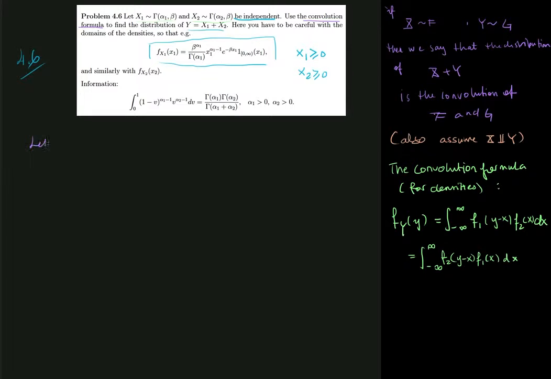So let y be given as the sum of x1 and x2. We will calculate the density of y and try to recognize which distribution it belongs to.